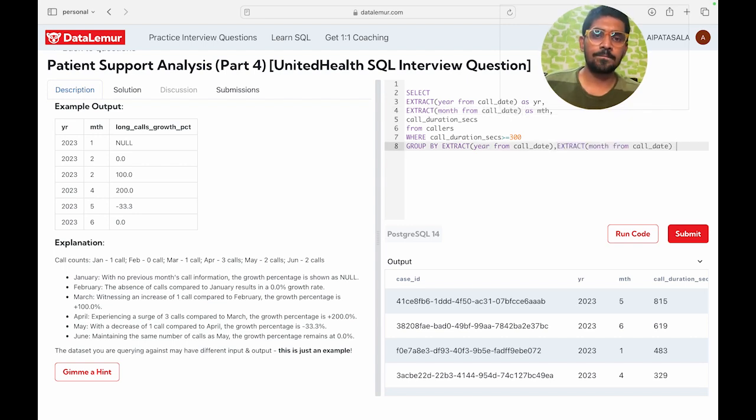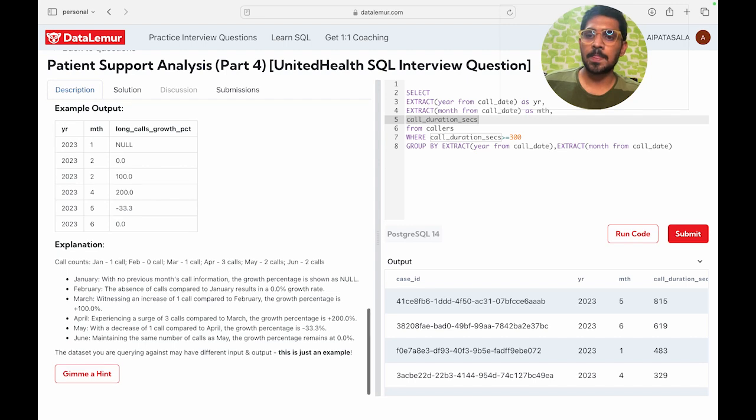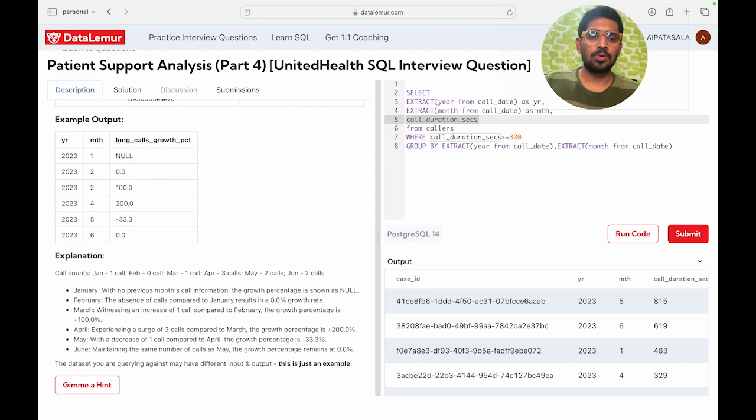And then we need count of star for each month, right?